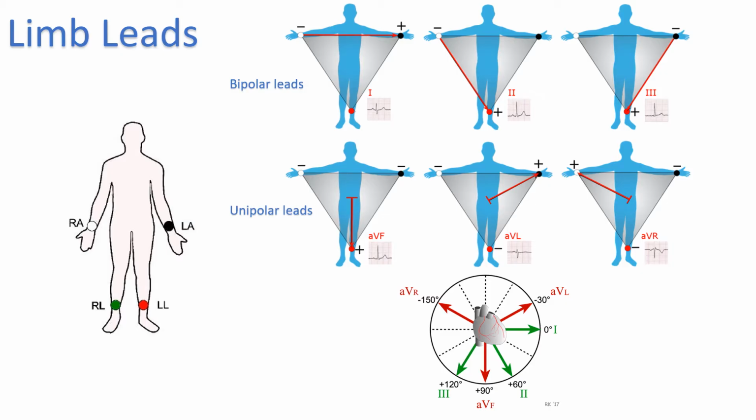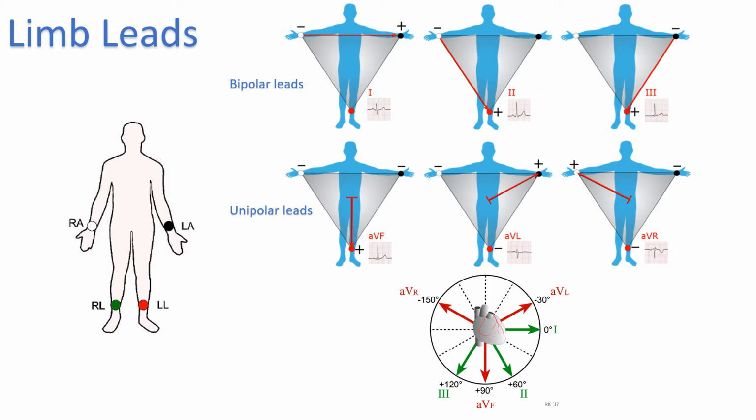Remember, when positive charge moves towards another positive charge, it creates an upward deflection. Since the positive charge of lead 1 is on the left arm, it is sitting right in front of the charge moving towards it, and it will deflect positively when it detects current moving towards it. Other dipolar leads include lead 2 and lead 3.